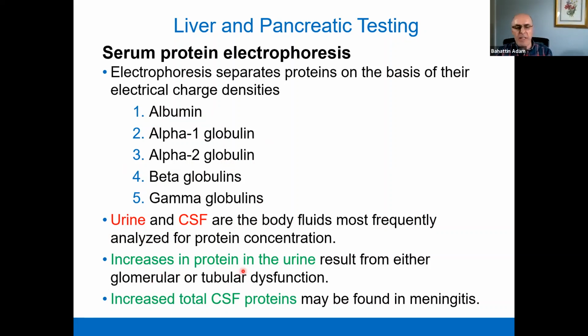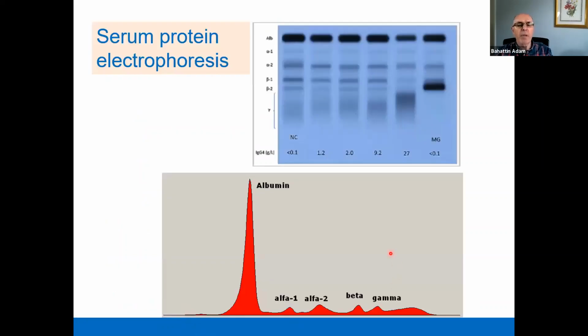Increased protein in the urine results from either glomerular or tubular function. Increased total spinal fluid protein may be found in meningitis, and infection in the brain may cause a high level of protein in cerebrospinal fluid. You see the serum protein electrophoresis here.